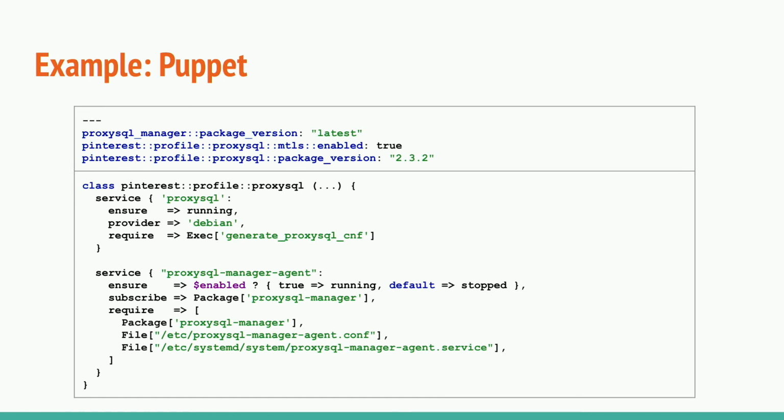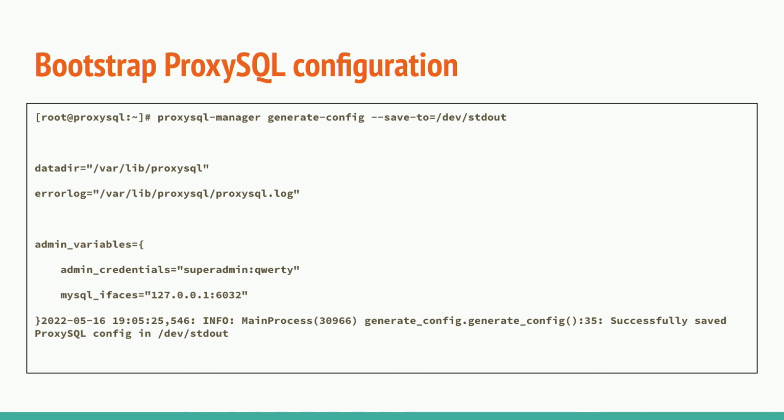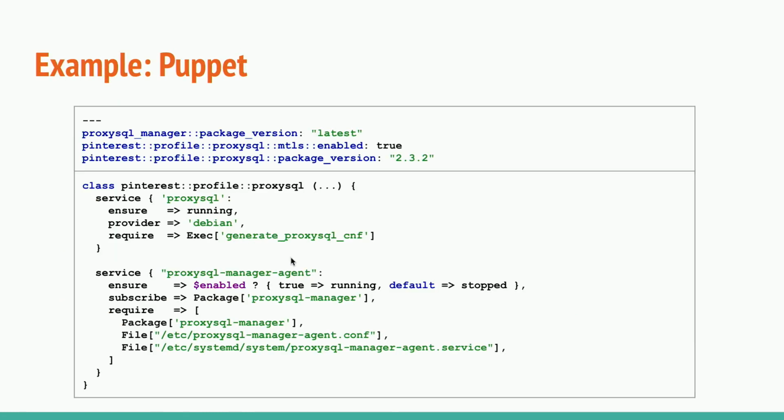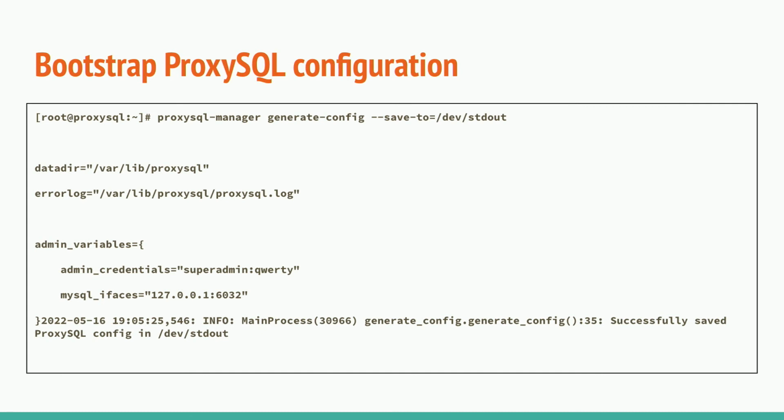For ProxySQL, you know, ProxySQL can be configured with a file, and the rest of the configuration is through the SQL interface. So we create a kind of bootstrap file for ProxySQL that only includes the username and password for admin.